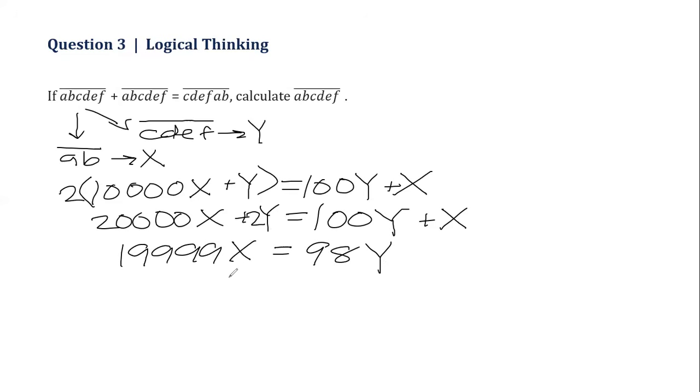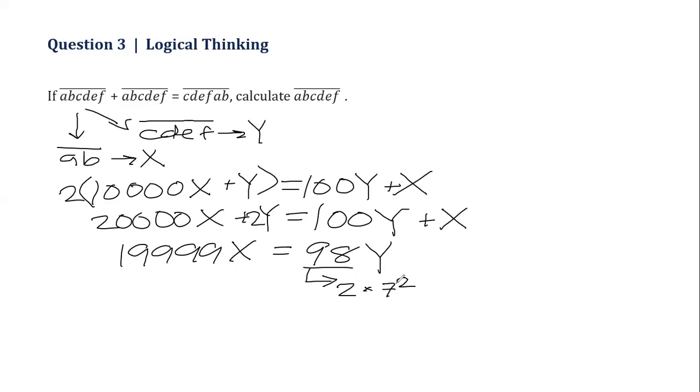Since we don't know what big X and big Y are, it looks pretty hard to solve. But how we're going to do this is we're going to find the factors of 98 since it's the smaller coefficient. So 98 is equal to 2 times 7 squared.